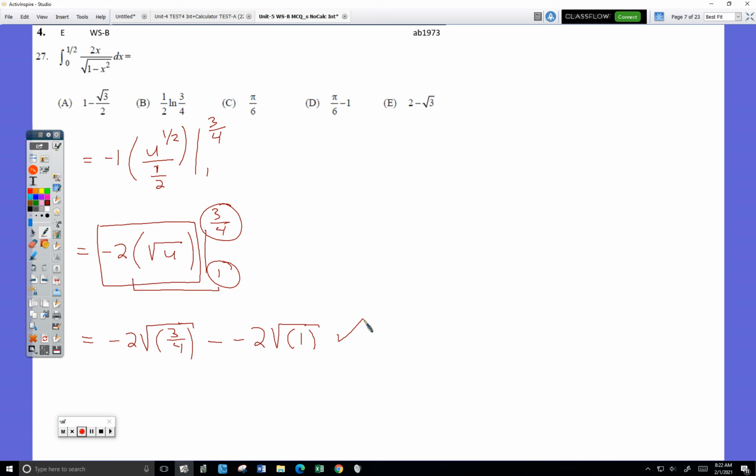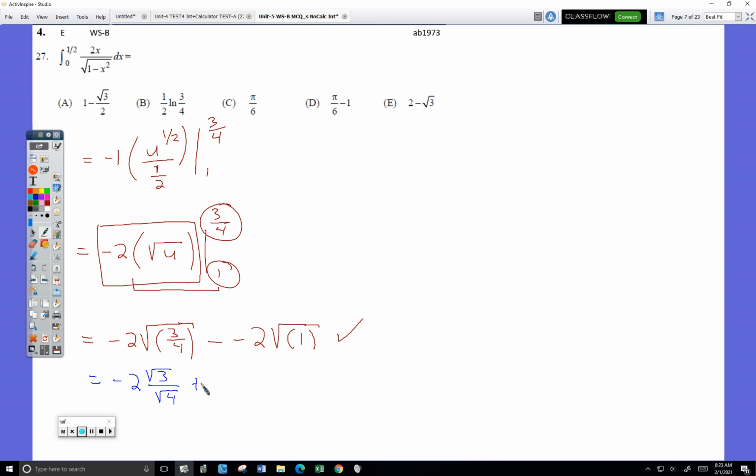So, question. Cool. So, let's see. I remember that the square root of a fraction is the same thing as the square root of the numerator divided by the square root of the denominator. Like that.